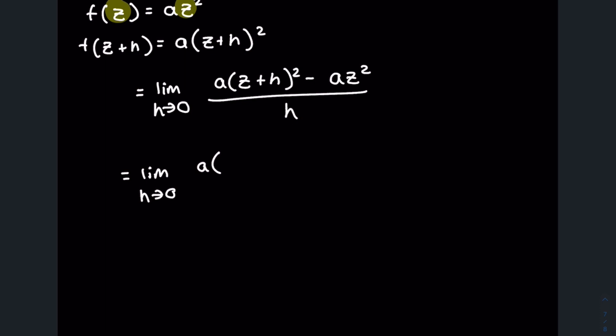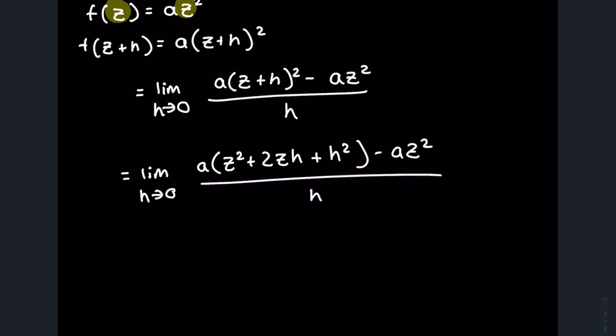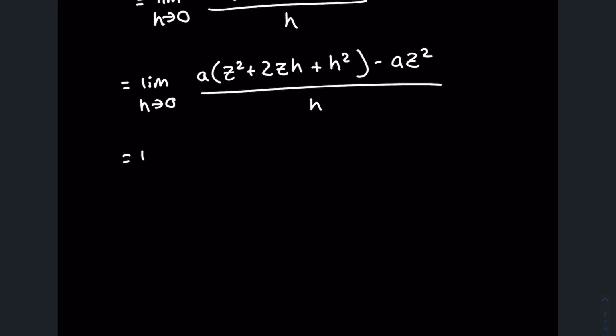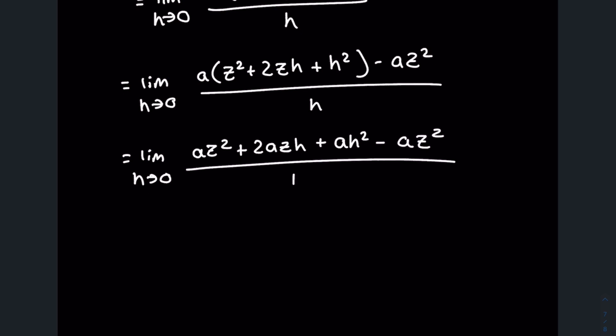We're going to have a lots of z squared plus 2zh plus h squared, minus a z squared, all over h. Expand this so that you get the limit as h tends to 0 of a z squared plus 2azh plus a h squared minus a z squared, all over h.